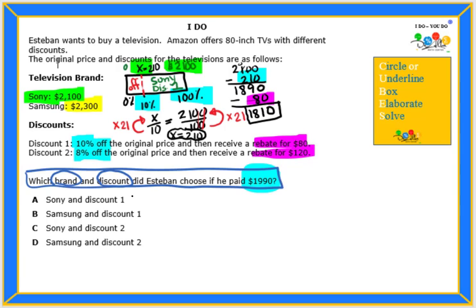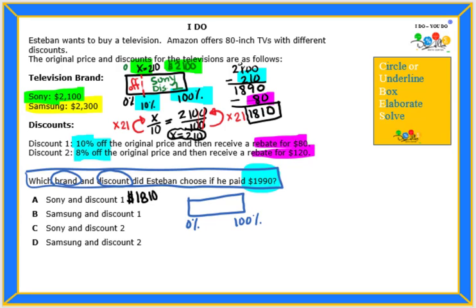So let's write that right here so we keep our numbers in an organized fashion. Now we're going to apply the same discount to our Samsung TV. Again, we have 10% off, so we're going to make a percent bar. Let's make it right here. We're starting with 0% all the way to 100% on our bar.